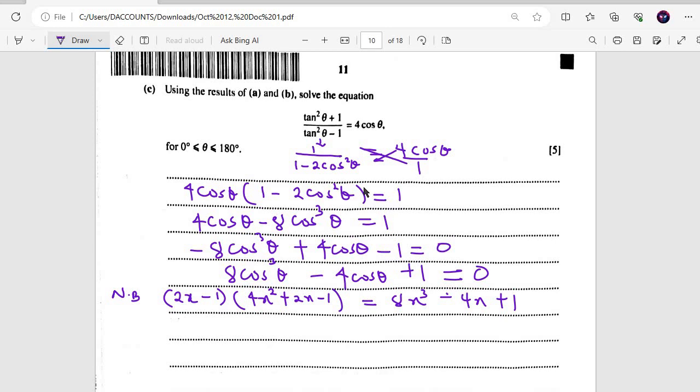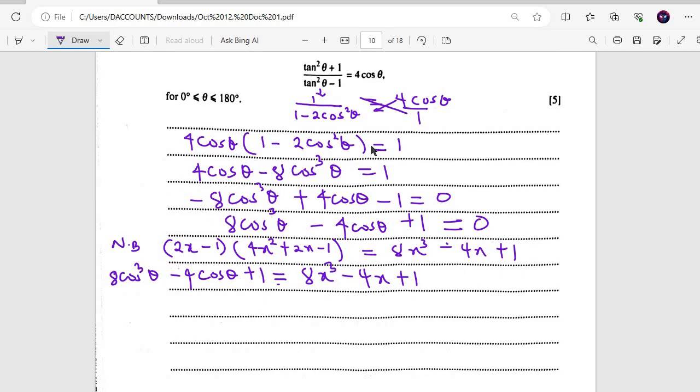If you look at it critically, 8 cos cubed theta minus 4 cos theta plus 1 can be written as 8x cubed minus 4x plus 1 if x is cos theta, right?